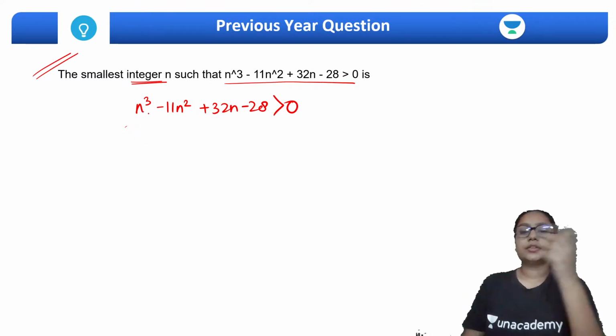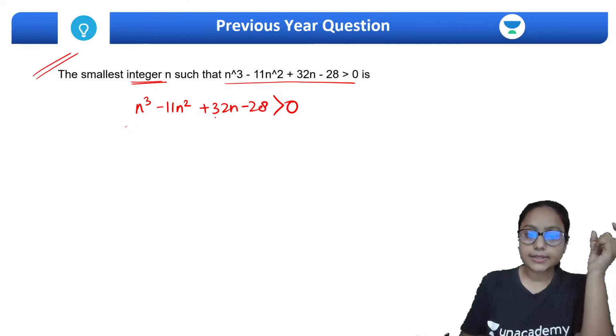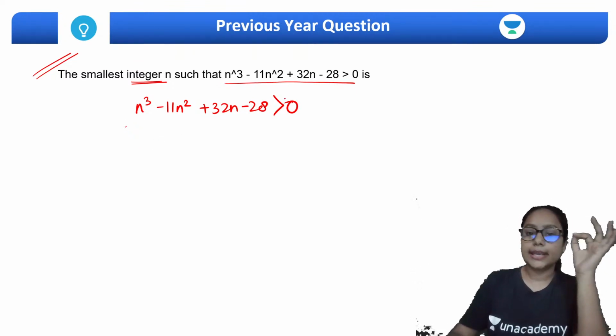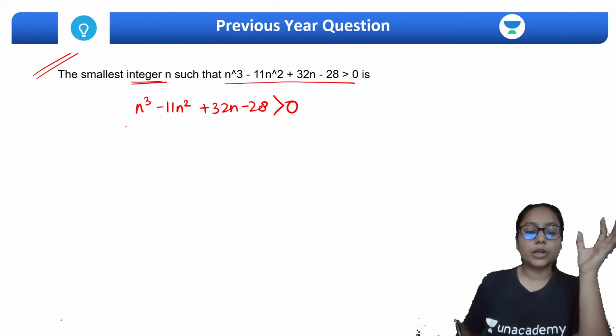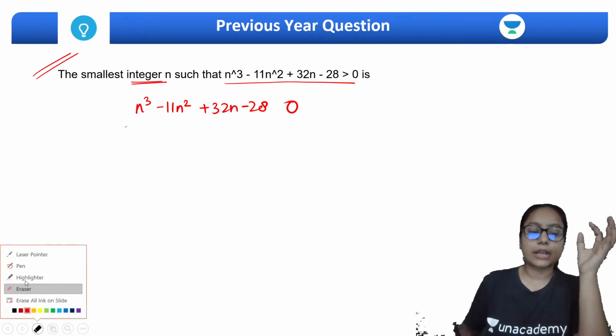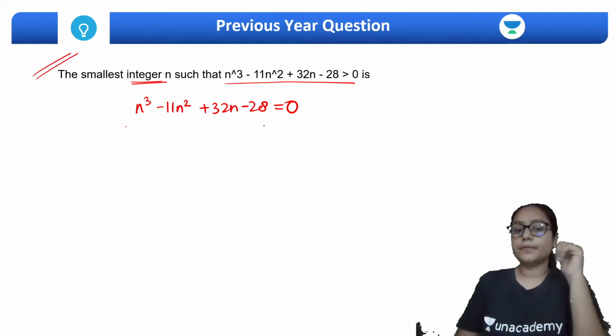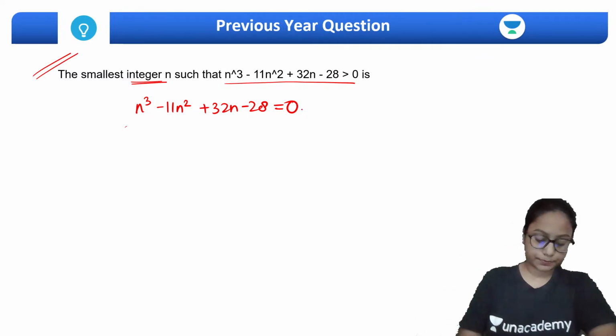Okay. So can you give me any value of n that satisfies this equation? Instead of this greater than sign, let us consider an equal to sign first and try to solve this. Let us factorize this. What is the value of n that satisfies this equation?